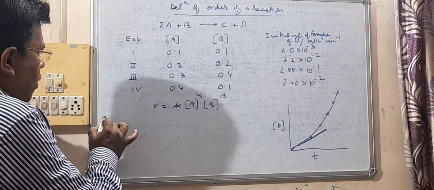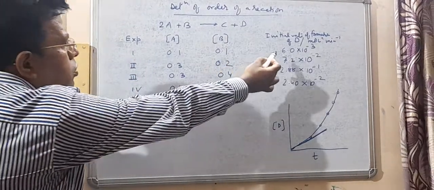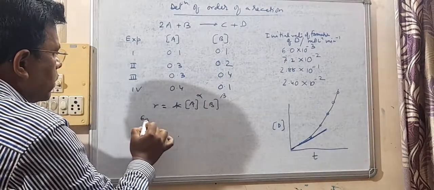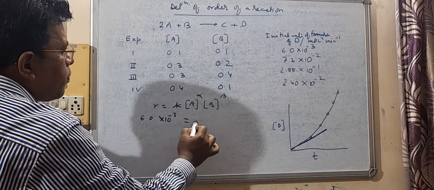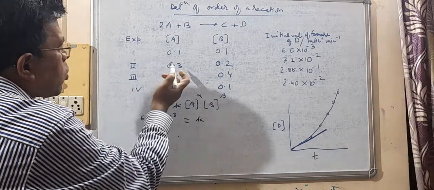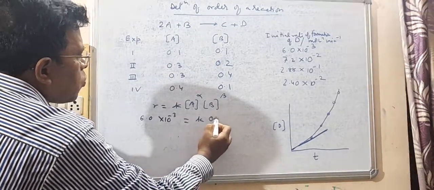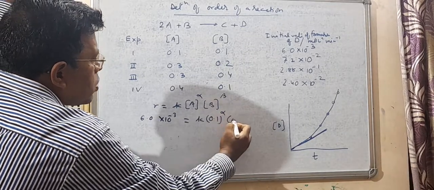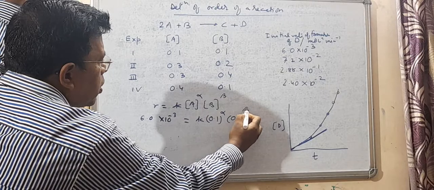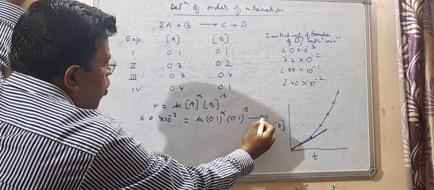First, the initial rate 6.0 into 10 to the power minus 3 is equal to K, concentration of A 0.1 to the power alpha, concentration of B 0.1 to the power beta. This is equation number 1.